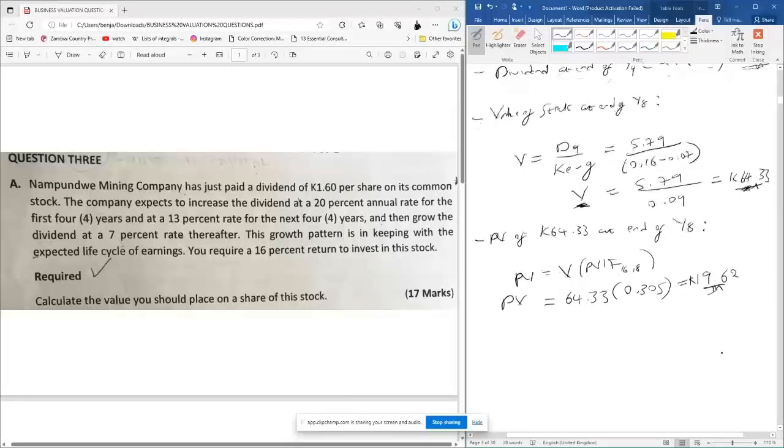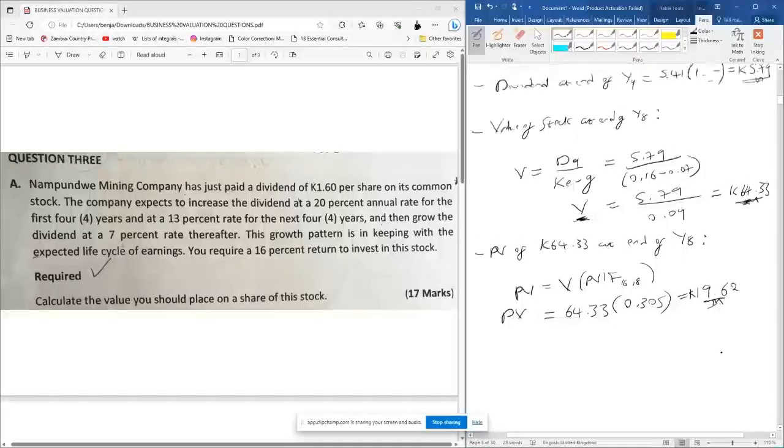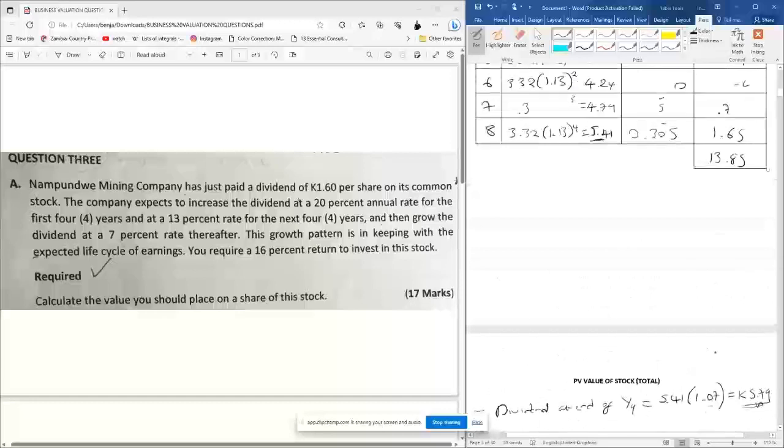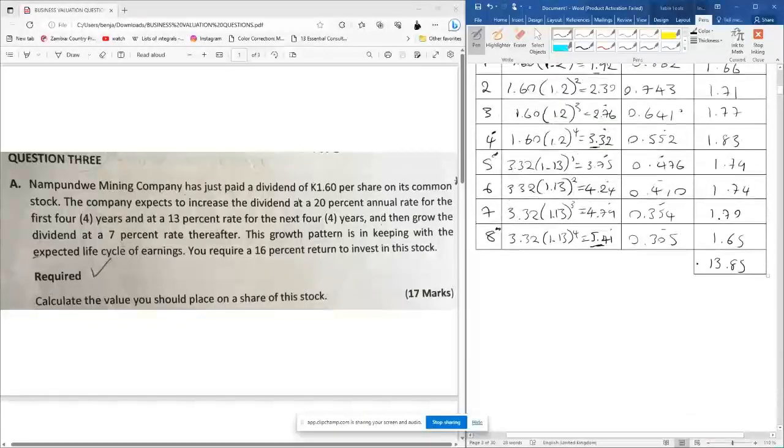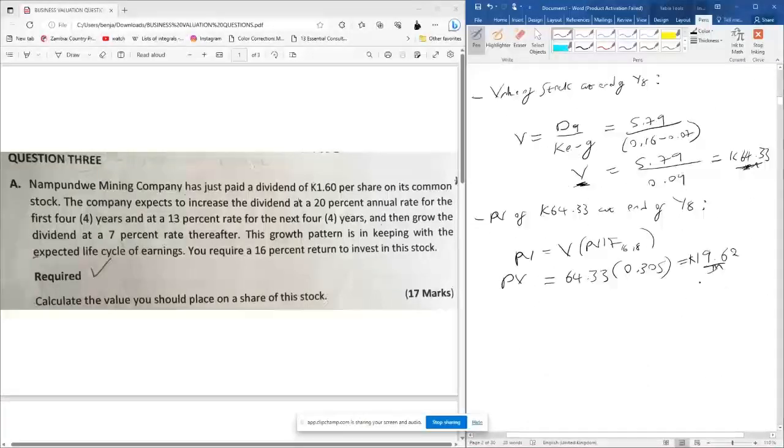To find the total value of our common stock, we need to add the present value of our dividends within the period of 8 years, which we calculated in the beginning, this total present value of our dividends, plus this present value of our what?